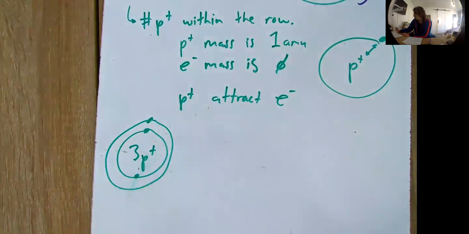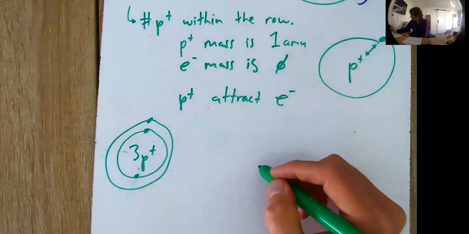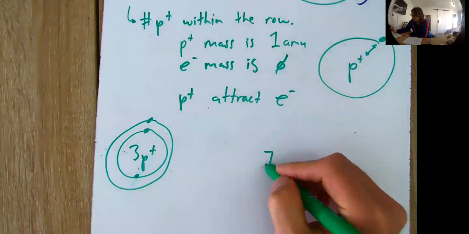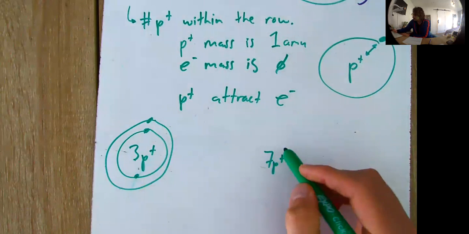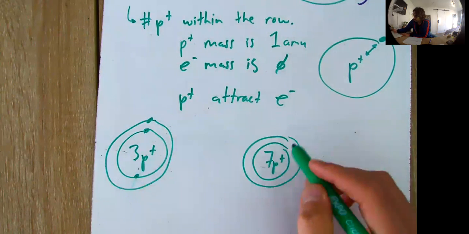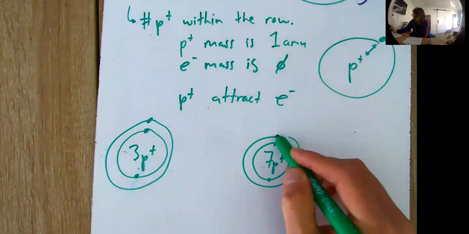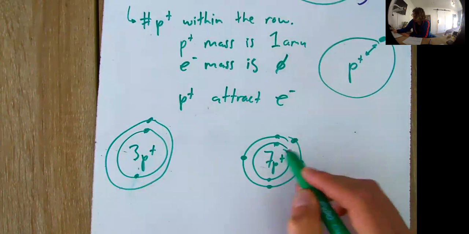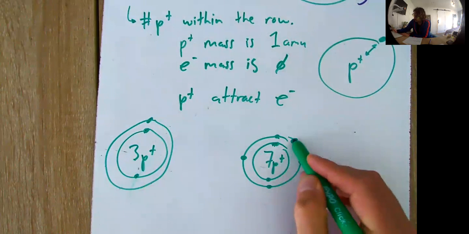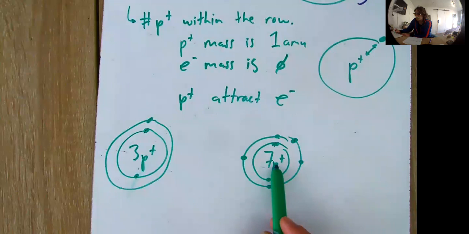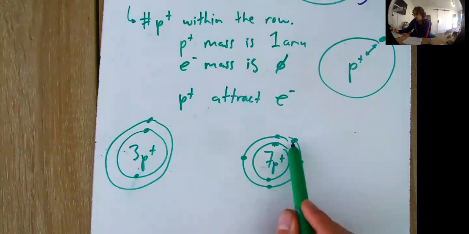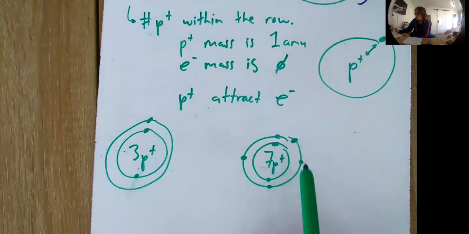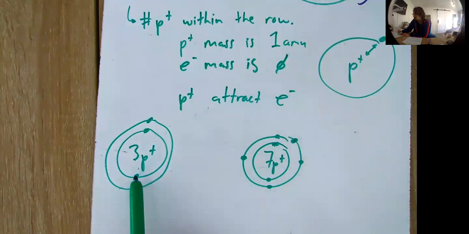But if we move over to nitrogen, for example, with 7 protons, nitrogen also has 2 shells. So there's the nitrogen atom. Nitrogen's 7 protons in the nucleus have a stronger hold on the electrons in the electron cloud. So the nitrogen atom is going to have a smaller atomic size than the lithium atom.